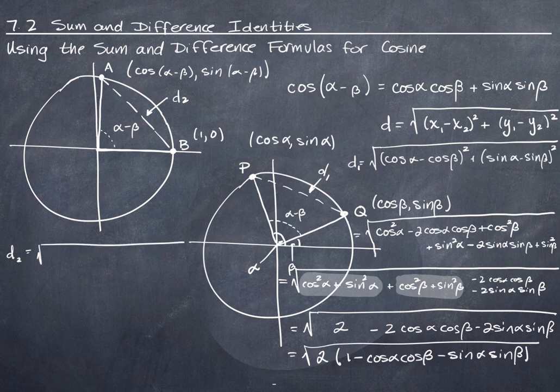Okay, so I'm going to have the x-coordinate of my first point, which is cosine of alpha minus beta, minus the x-coordinate of my second point, which is 1, that difference squared, plus the y-coordinate of my first point, which is sine of alpha minus beta, minus the y-coordinate of my second point, which is 0. So it's just going to be this thing minus 0 squared, or just that expression.